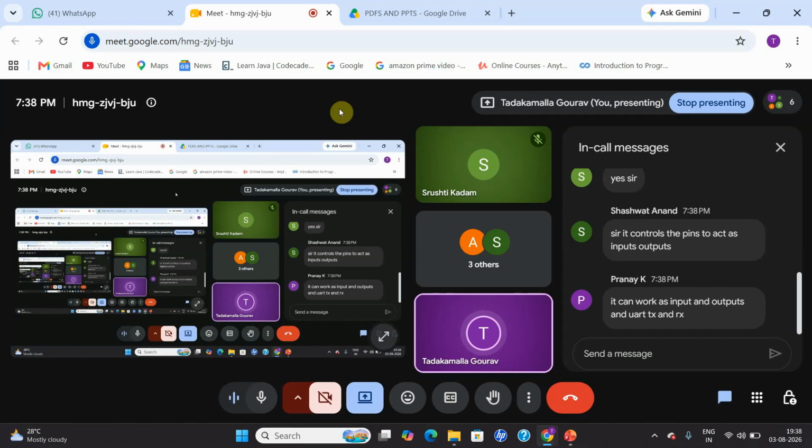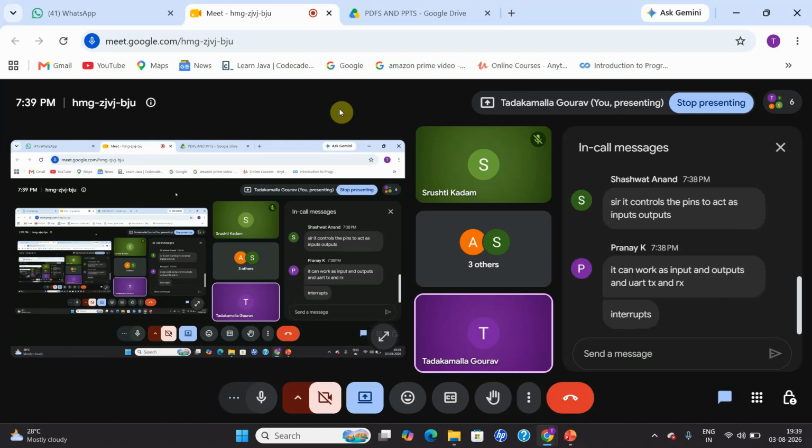What is the third functionality? Interrupts. Exactly. Whatever pins are applied as interrupts, we are going to come to know. Yes, exactly.